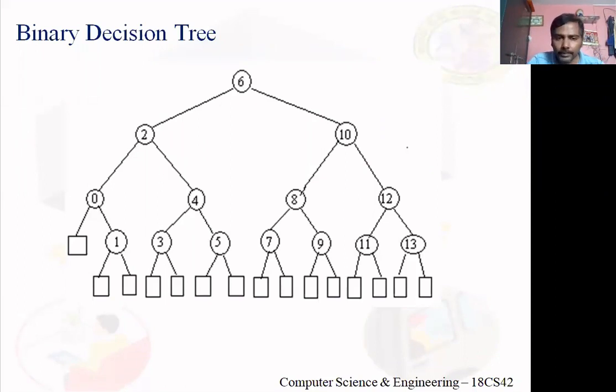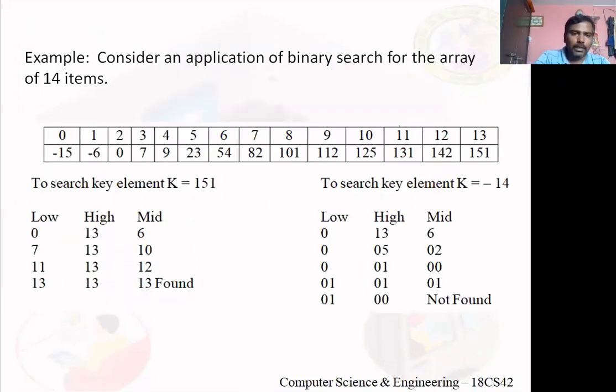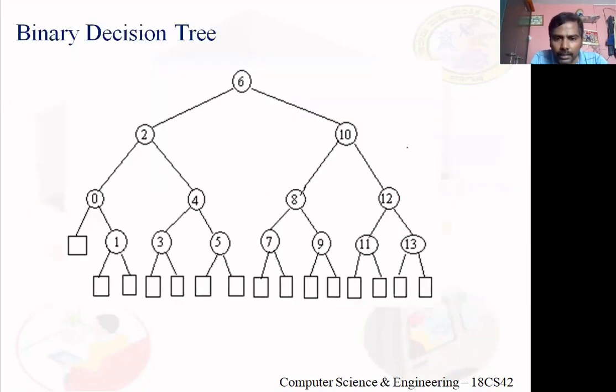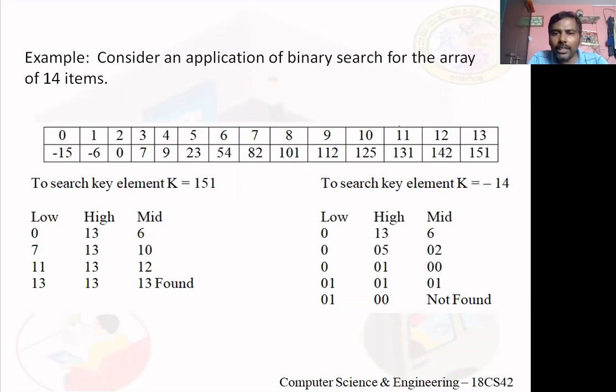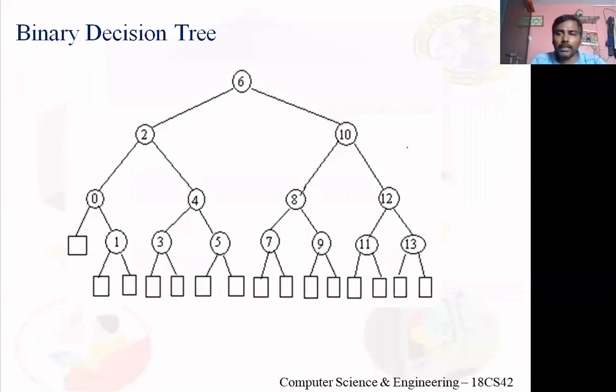Clear, right? So with this binary decision tree, you can tell which elements take the maximum number of comparisons. Those elements are at indices 1, 3, 5, 7, 9, 11, 13, meaning the elements -6, 7, 23, 82, 112, 131, 151 take the maximum of 4 comparisons. For a successful search, it means worst case 4 comparisons.